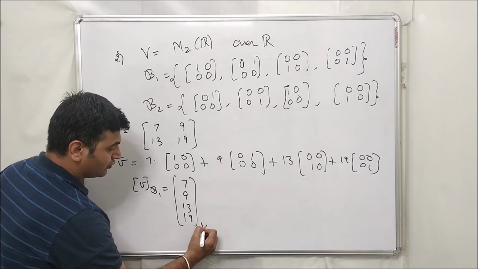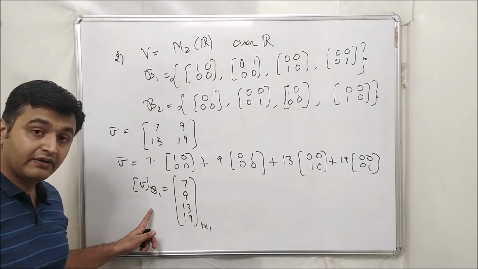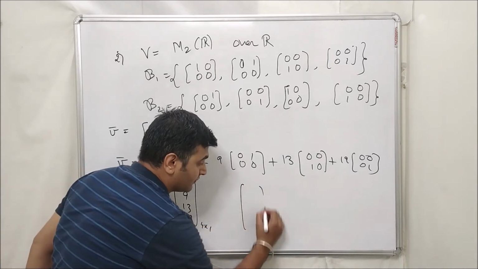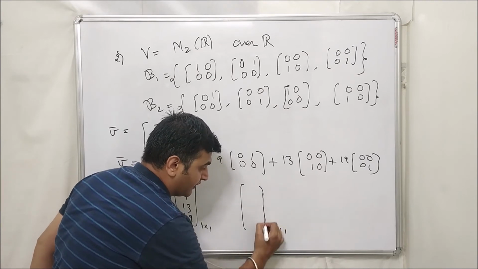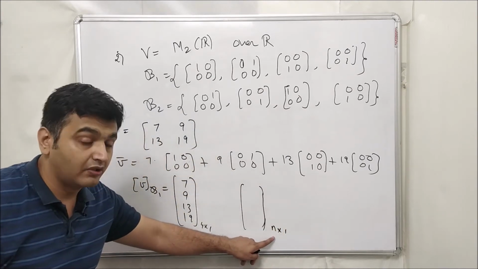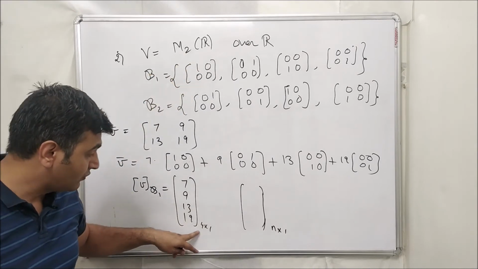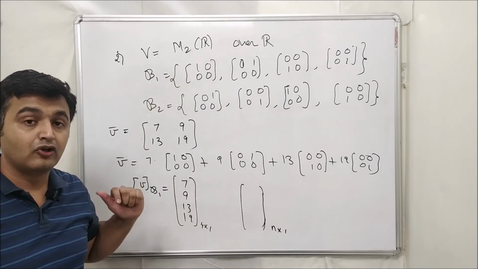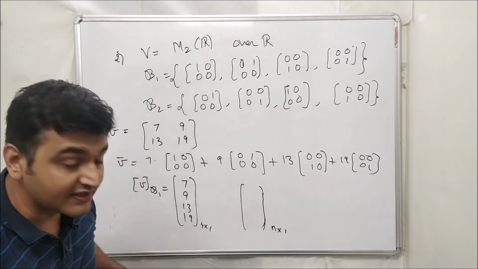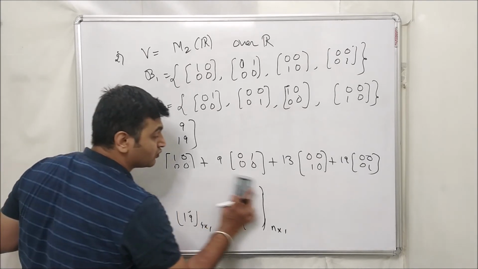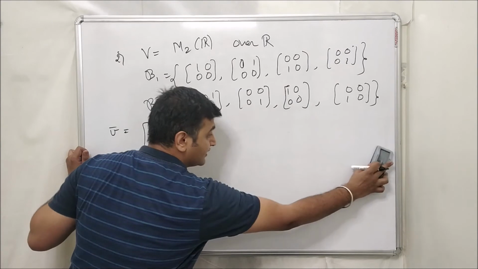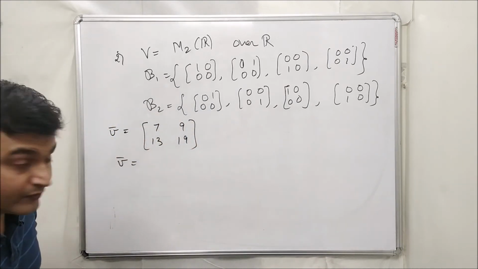So this is nothing but 4 cross 1. Your coordinate vector will always be of the form n cross 1, where n is the dimension of the vector space. Here this is a 4-dimensional vector space, therefore 4 cross 1. In the previous one, if you observed, R3 was a 3-dimensional vector space, therefore we got 3 cross 1. Now let's go for B2.